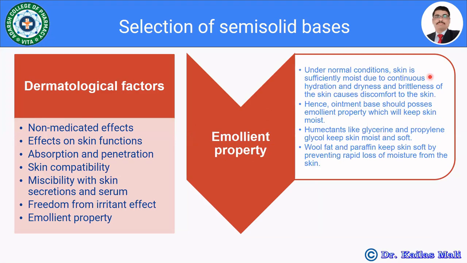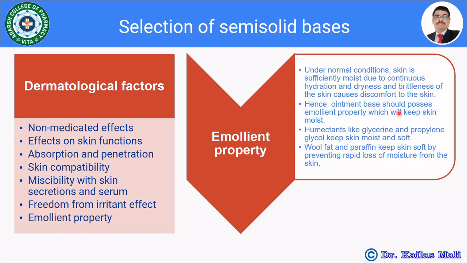Under normal conditions, the skin is sufficiently moist due to continuous hydration. Say, for example, with normal skin, it is sufficiently moist and in a continuously hydrated state. Dryness and brittleness of the skin cause discomfort, isn't it?